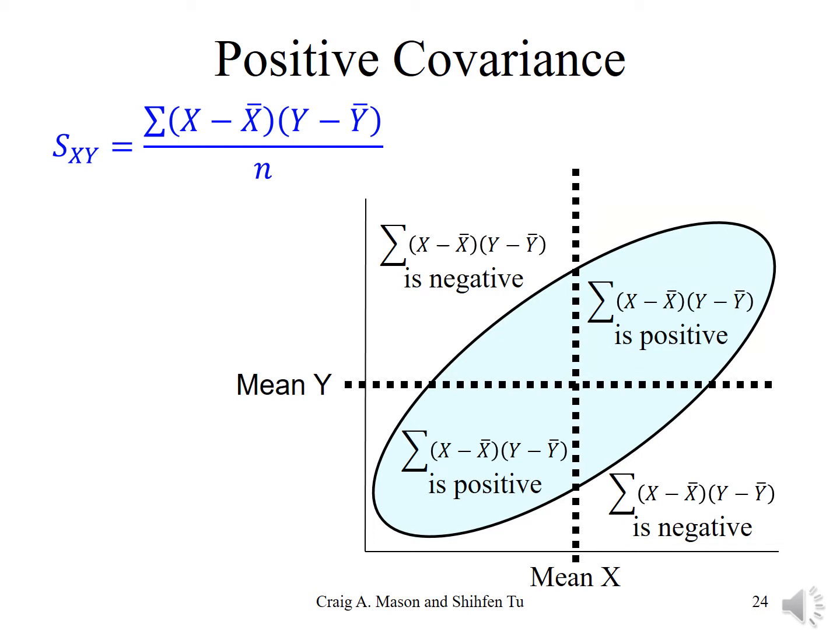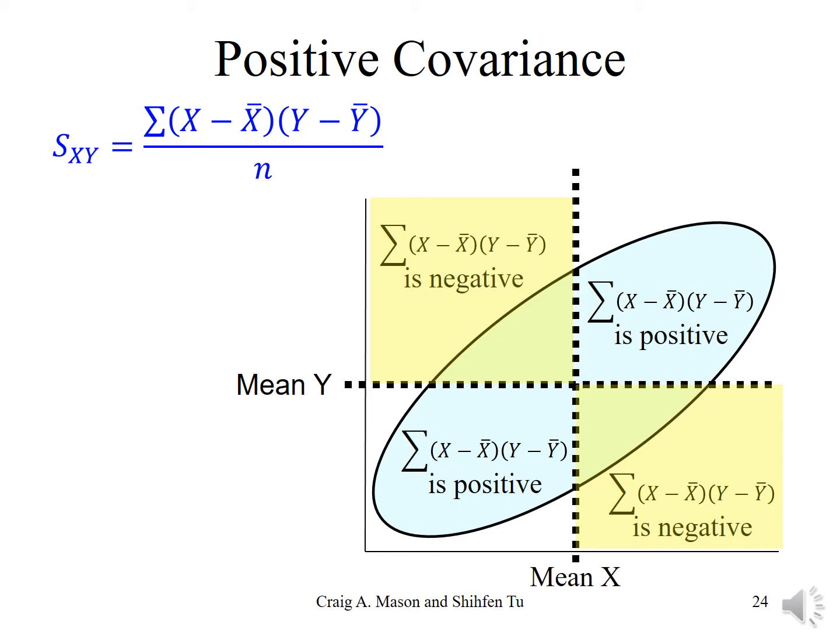Now, if there's a positive association, we would expect to see relatively more scores in the quadrants for both scores being above the mean and both scores being below the mean. In both of those cases, the cross product, the numerator in the covariance formula, is positive. At the same time, given a positive association, we would expect to see fewer scores in the quadrants where one score is above the mean and the other score is below the mean.